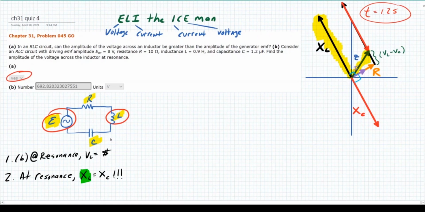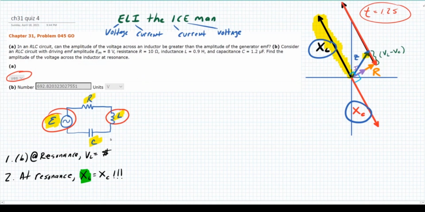All right. So if I play my cards right, if I can get XL to be the same as XC, I'm going to have a perfect offset of these reactances, and my reactance will be as small as it can possibly be. Check out what happens if this red vector was perfectly offsetting that black vector.